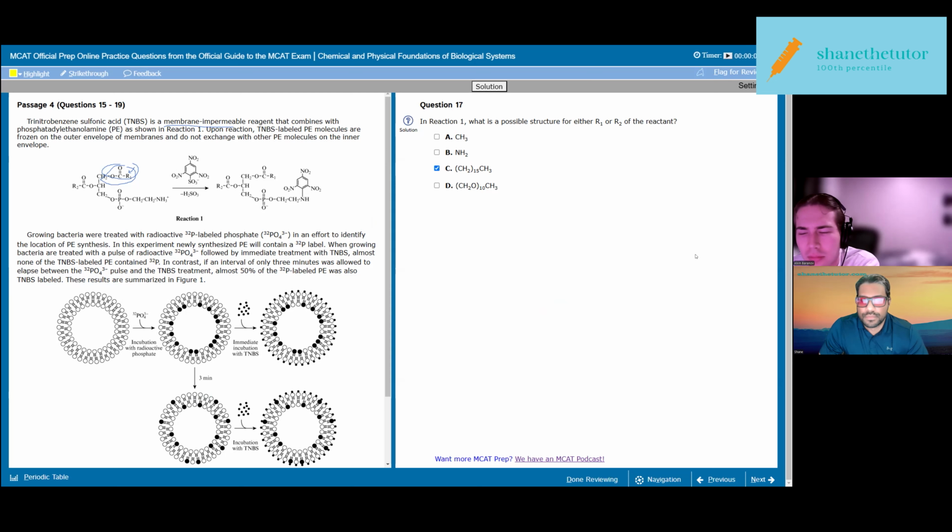So we definitely know that it's not going to be this, right? And so then we have either one carbon or a carbon chain, and what's this?